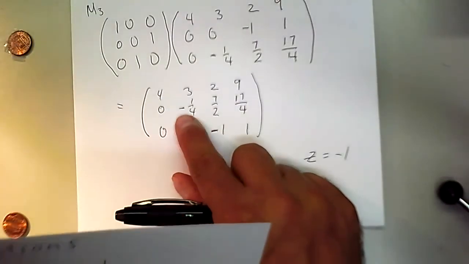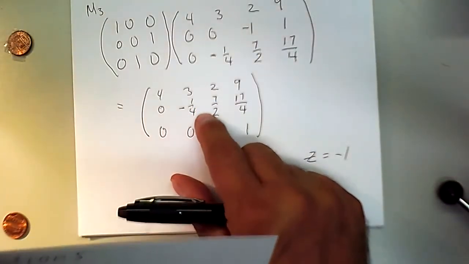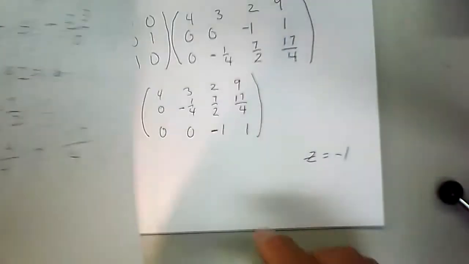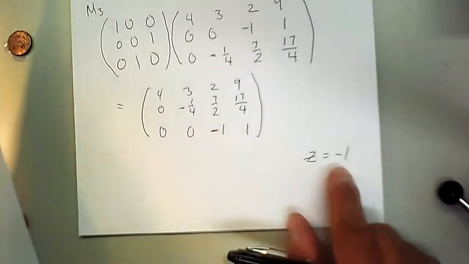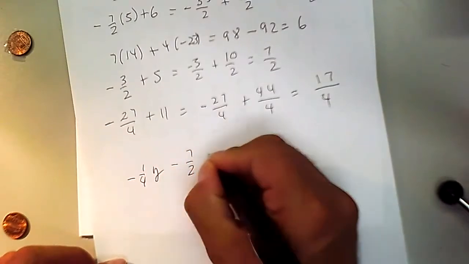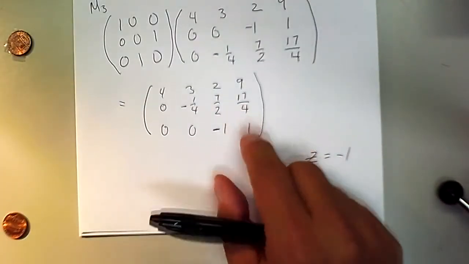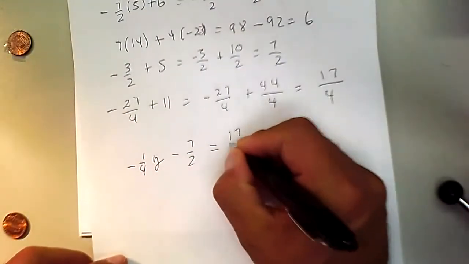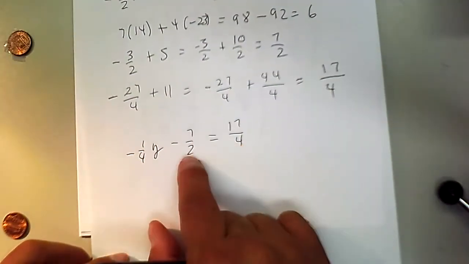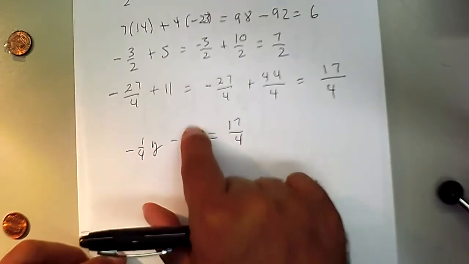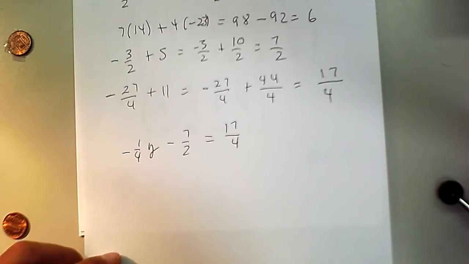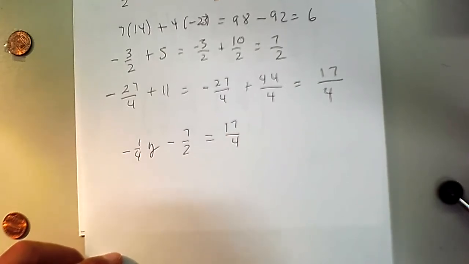So we have -1/4 of y, plus 7/2 of -1. So that means -7/2. And that is equal to 17/4. So if we add this to both sides of the equation, well, mind that this is 14/4, and 14 plus 17 is 31/4.